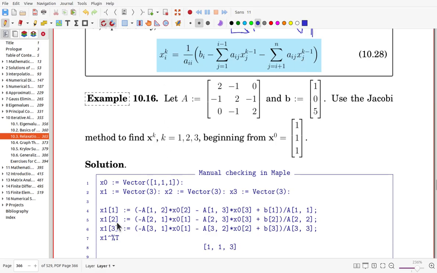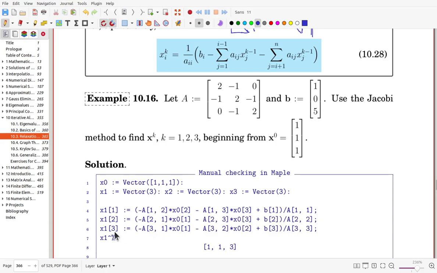Now i is 2, then we have b2 from here, and from this one we have one component. Now j is 1 to 1, so we have one component. From the upper portion we also have one component, which is j from 3 to 3, and divided by a_22.